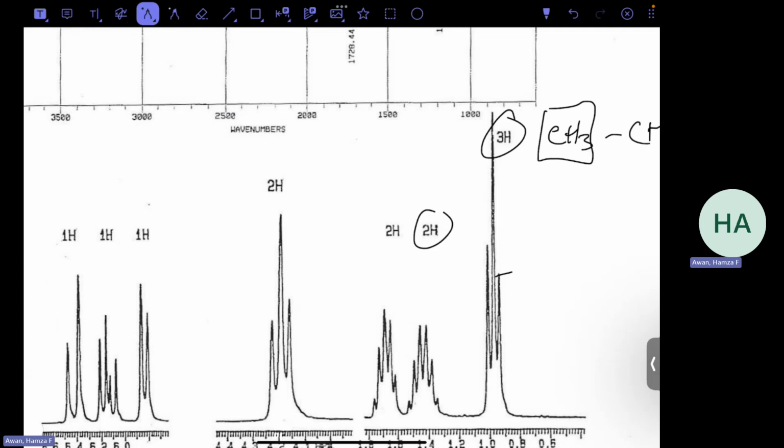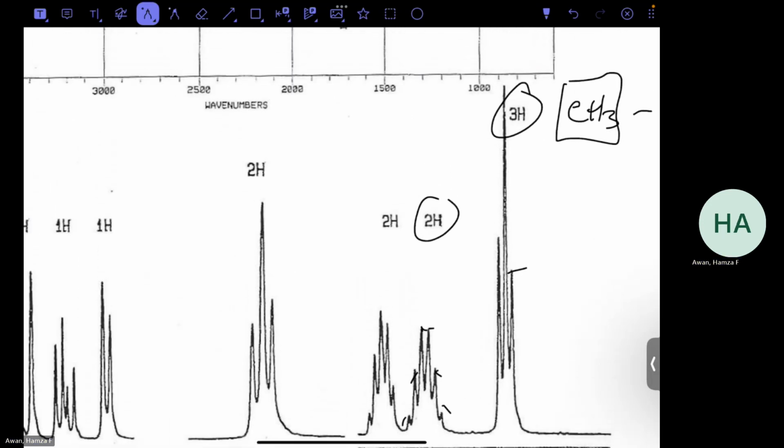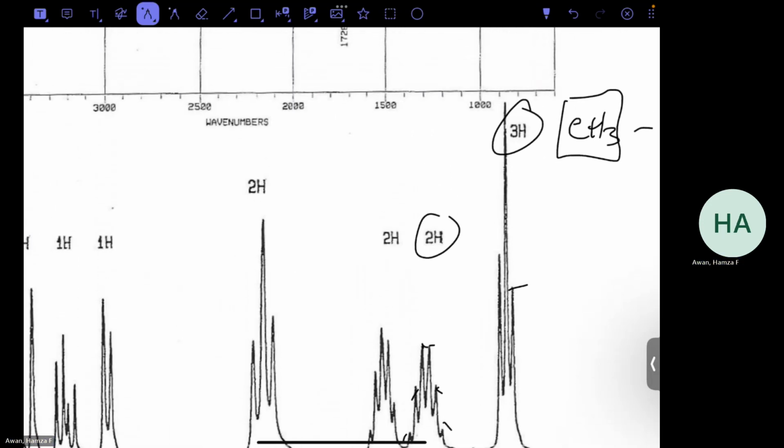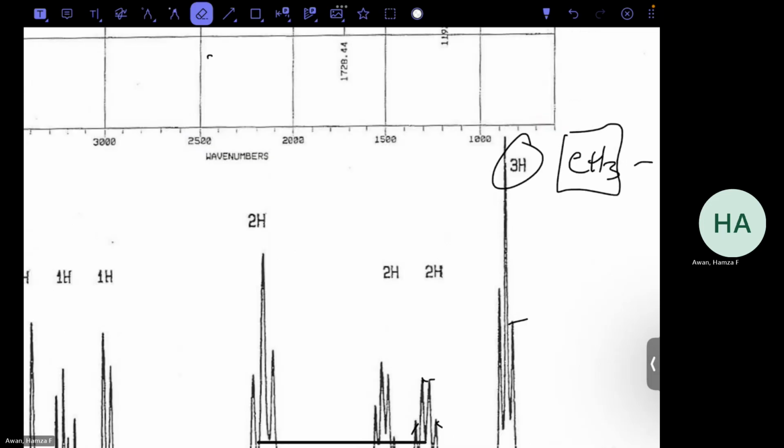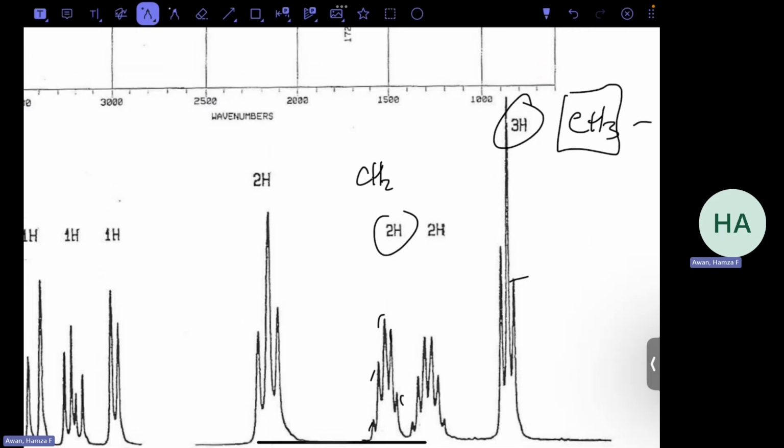Then we have this CH2, which is bonded to 1, 2, 3, 4, 5, 6. How does that happen? All right, we'll skip that for now. That's a little bit annoying. The next one, this CH2 is bonded to 1, 2, 3, 4, 5. That makes a lot more sense.